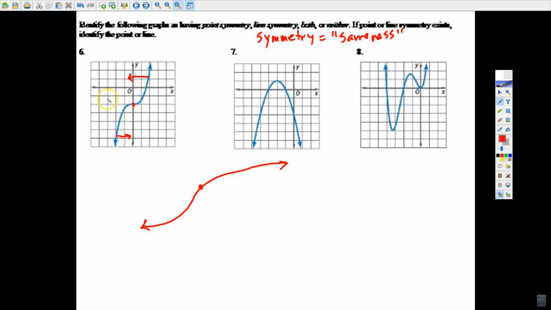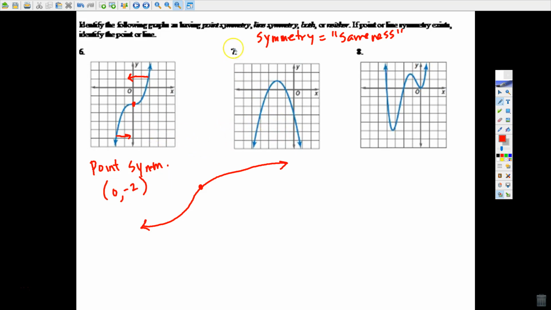If we spin this graph around this inflection point, we would get the same graph. And so that is a perfect example of point symmetry. And don't forget, in questions like this, if there is point or line symmetry, we need to identify the point or the line that creates the symmetry. So we need the ordered pair of this point right here, which is (0, -2).